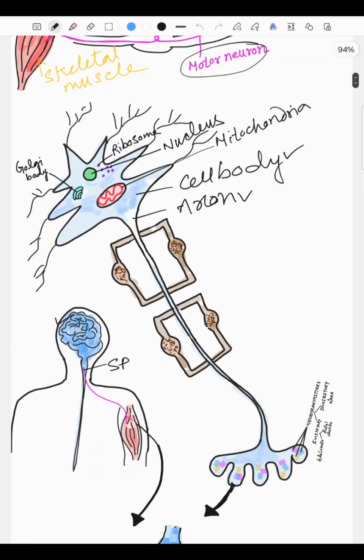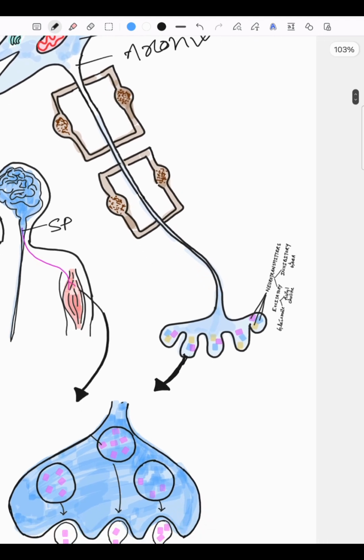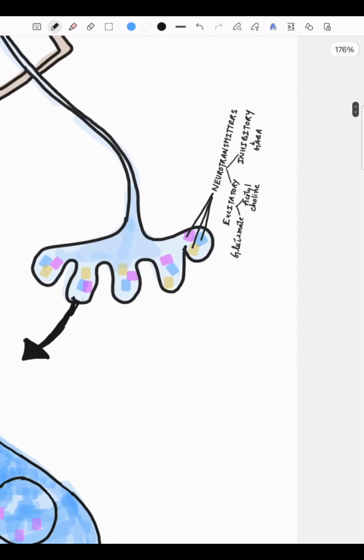Here is the structure of a motor neuron. It consists of different parts, including the cell body and axon. Axon terminals store neurotransmitters.